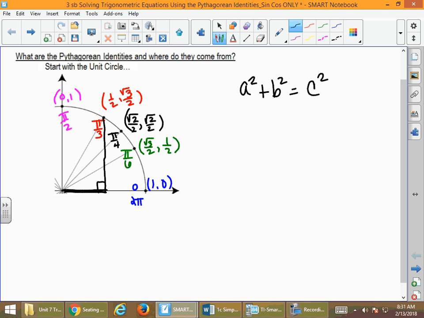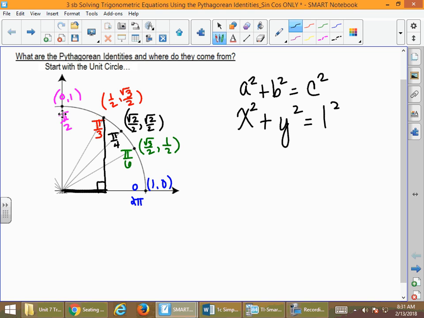In other words, what we said here is that we went the x value, and then we went up the y value, and our unit circle has a radius of 1. That's our hypotenuse in our triangle.